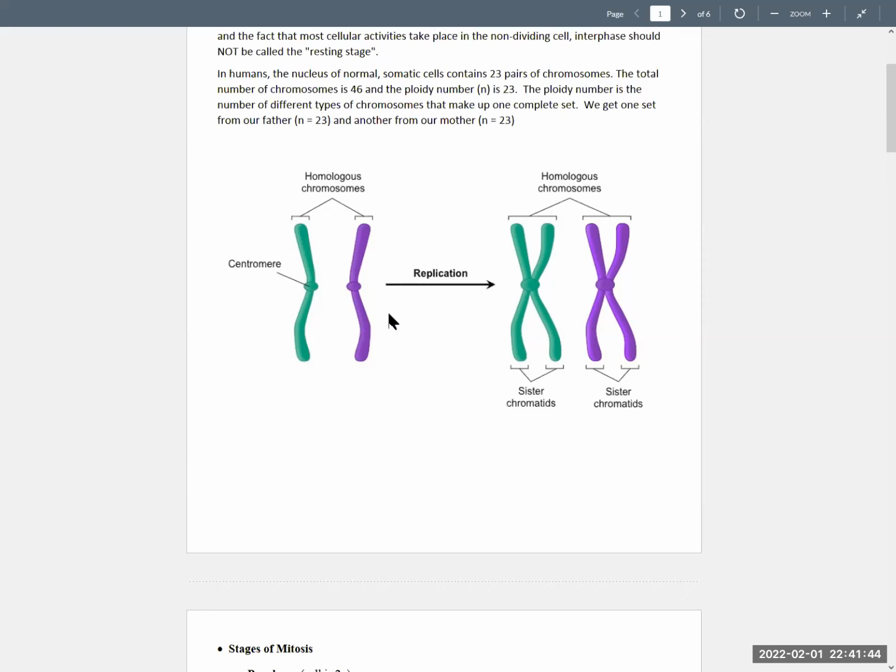It'll look exactly the same, have a centromere, and it codes for the same genetic information all the way down. If there's some eye color up here, there's a gene up here, there'll be a gene for eye color over here. They may not have the same quality. In other words, one may code for no color at all, the other may code for blue.